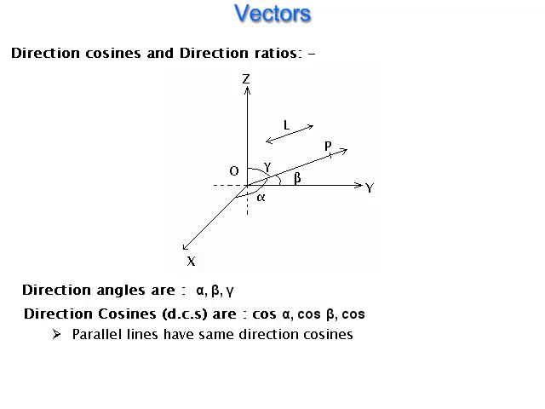From the above it is clear that parallel lines have the same direction cosines. Also, 0° ≤ α < 180°, 0° ≤ β < 180°, 0° ≤ γ < 180°.